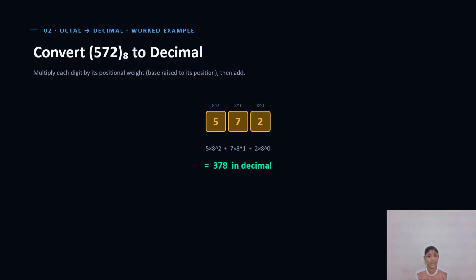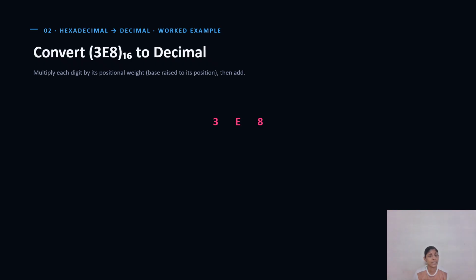Next, what is the one more conversion? Yes, absolutely it is hexadecimal to decimal because that is a third base. The value I have taken is 3E8 base 16. E is available here, so surely it is a hexadecimal only.